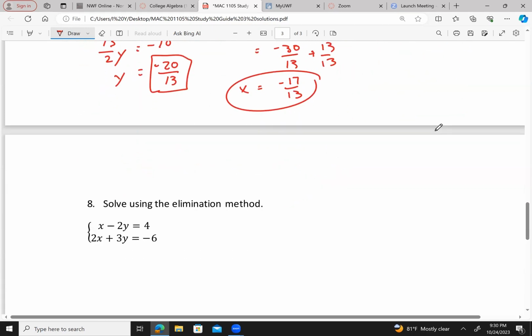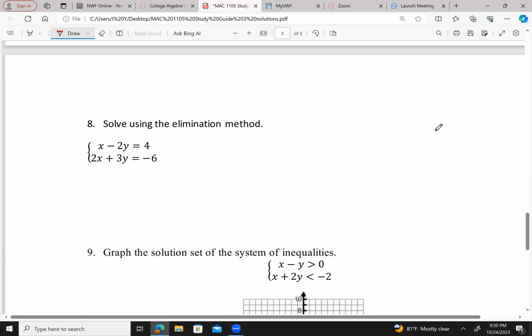Okay, now we're going to solve using elimination. So what can we do here? What if I multiply the first equation by negative 2? I get negative 2x plus 4y equals negative 8.